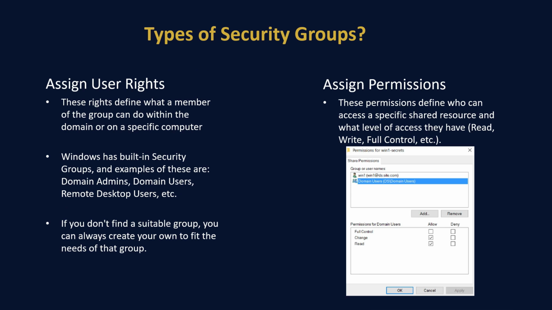Here, the Domain Users group is selected. They're given full read access while change and full control are denied. Using a security group, whether something built in like Domain Users or a custom security group like Sales Team, makes access easy to manage. Anyone added to the group automatically gets the assigned permissions, and anyone removed loses them.